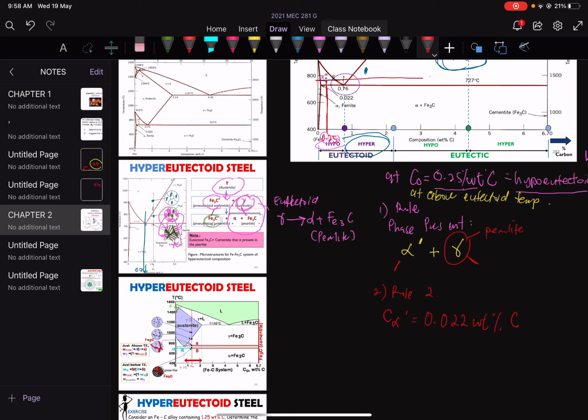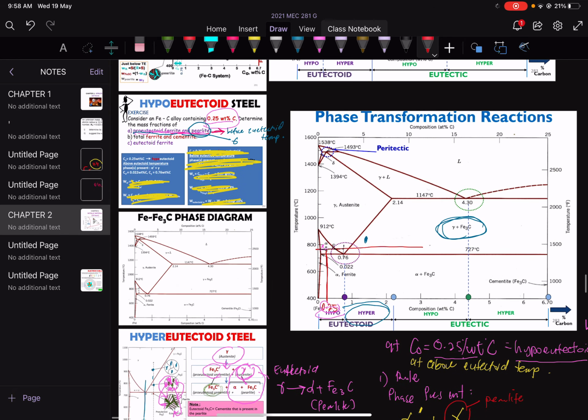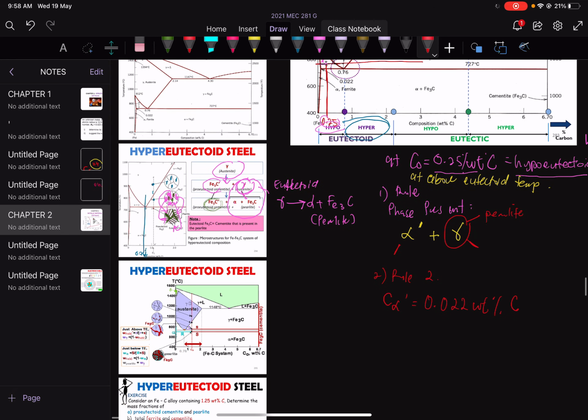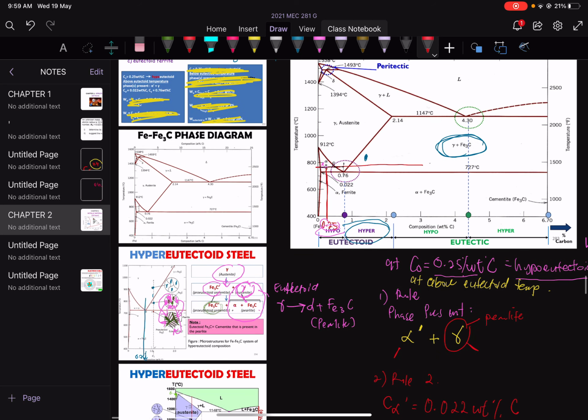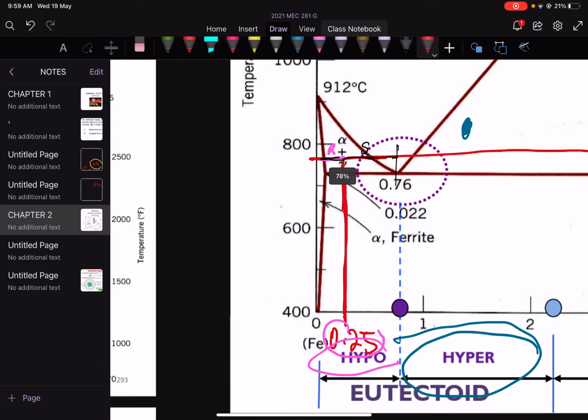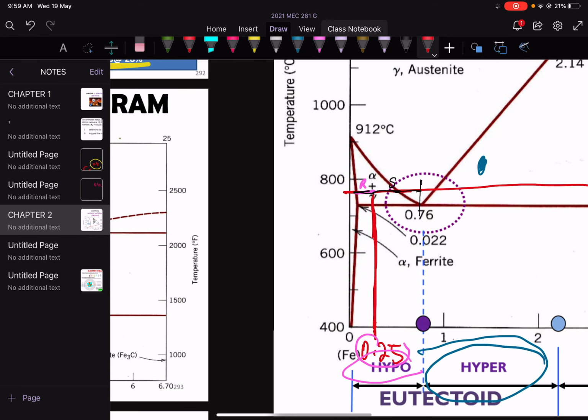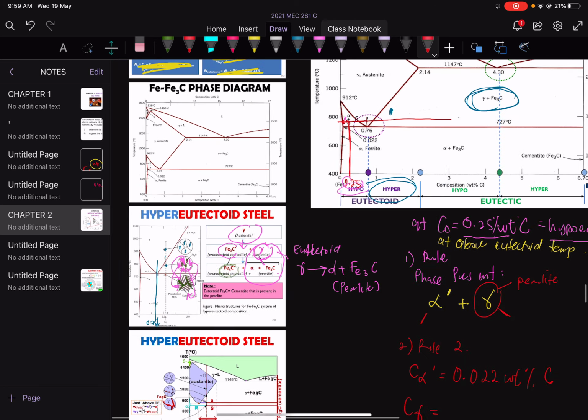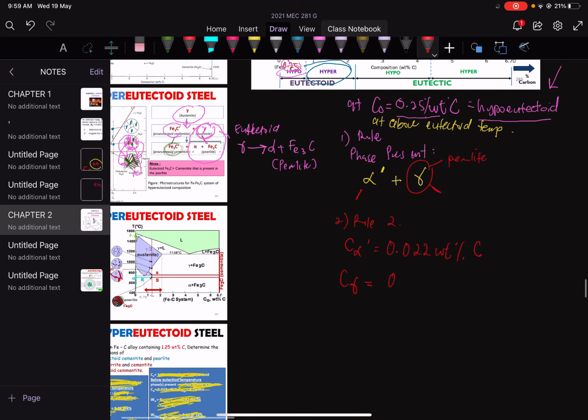And gamma here, C gamma, okay, so this one is alpha plus gamma, so alpha R and gamma is here. Gamma is 0.76 weight% of carbon.